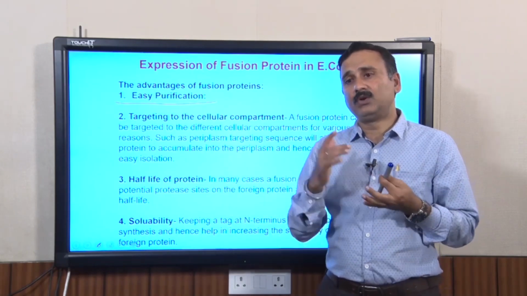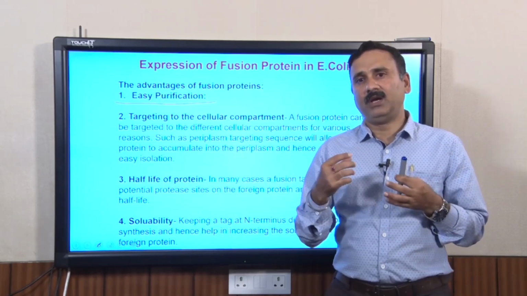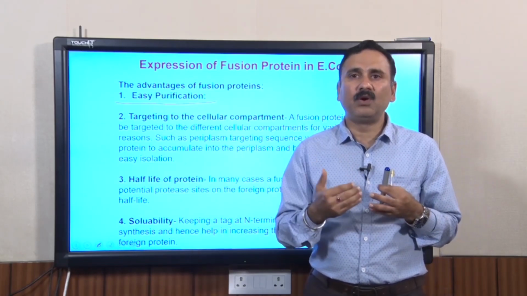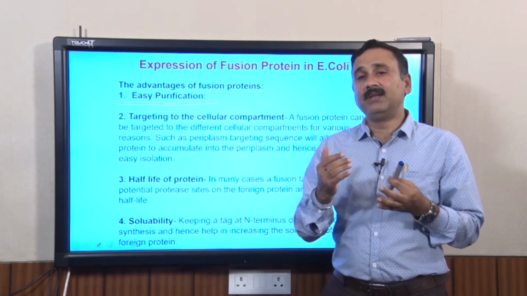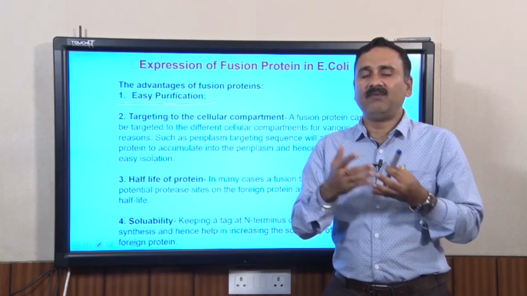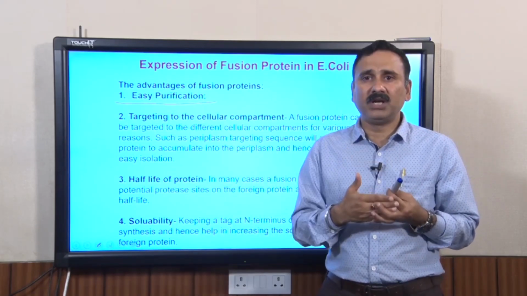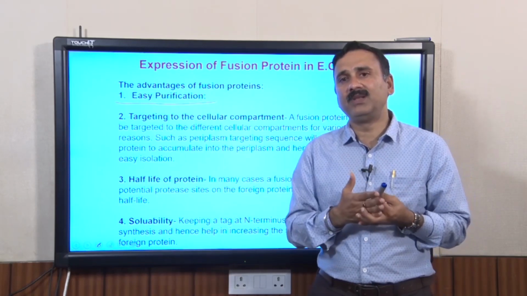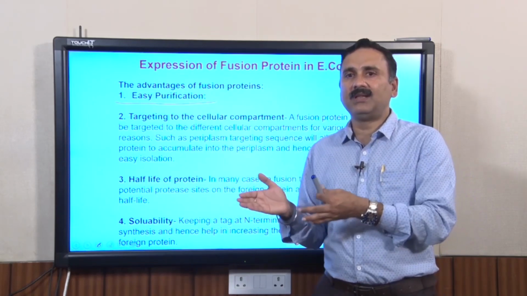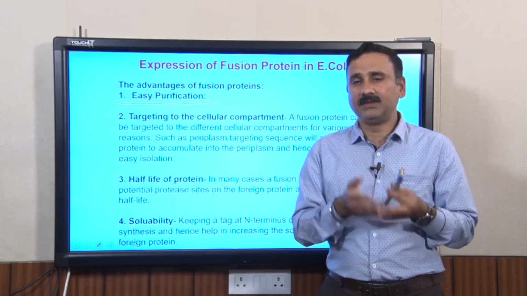Number 3, it is fast because you are running just a single column, so it saves time. Number 4, since you are saving time and the protein is purified at a faster rate, you do not get protein degradation, which means the protein is saved from the proteases and other enzymes present in the cell lysate.